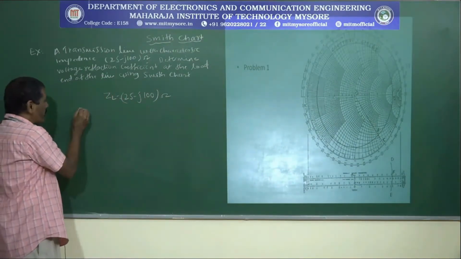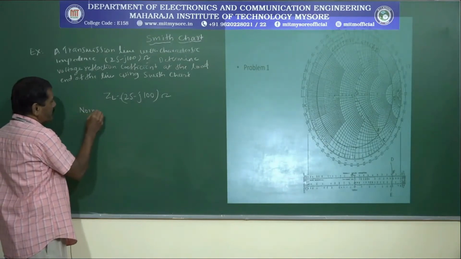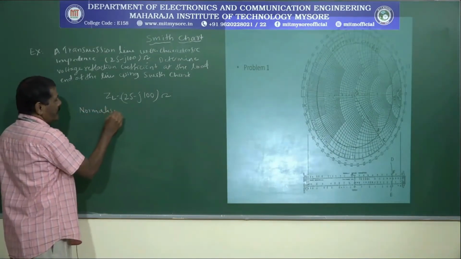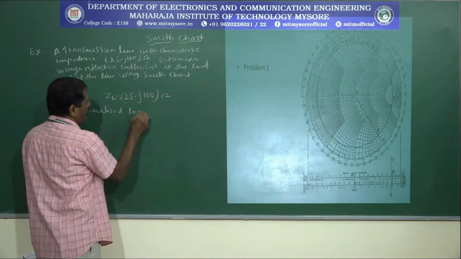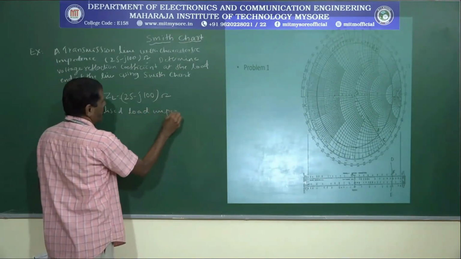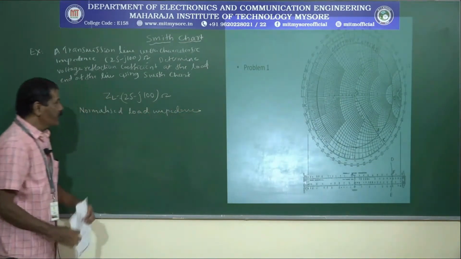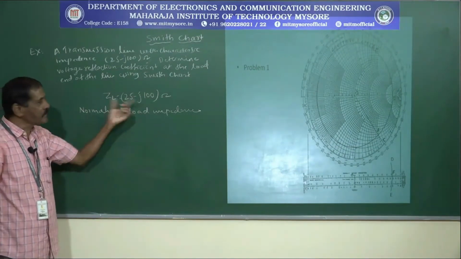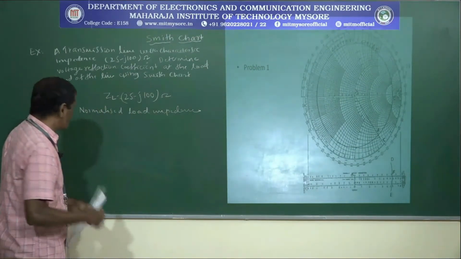Therefore, we have to calculate the normalized load impedance. That is, you have to normalize this load impedance, then plot the value on the Smith chart.